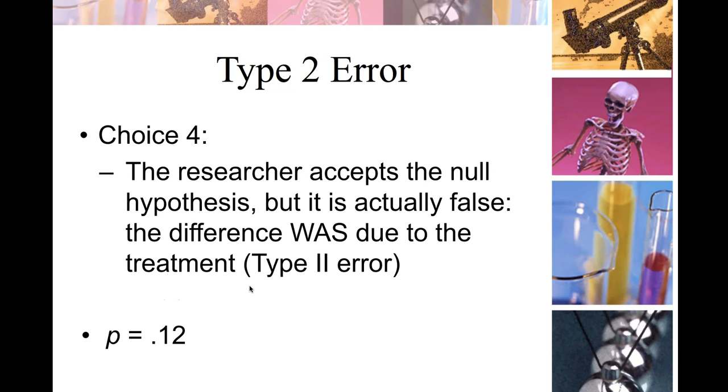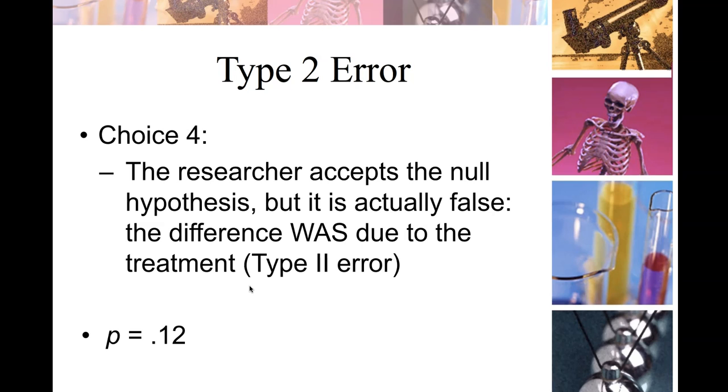And then type 2 error, the other error, is choice 4, where you accept the null hypothesis. You get a p-value of 0.12, meaning there's only a 12% chance that the null hypothesis is true, that there really is no difference. There's an 88% chance that there is a difference between groups, but that's not good enough, right?